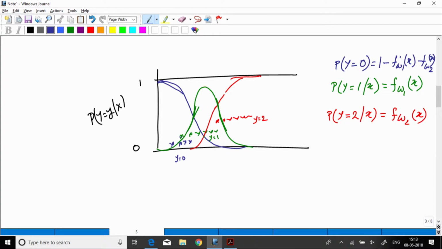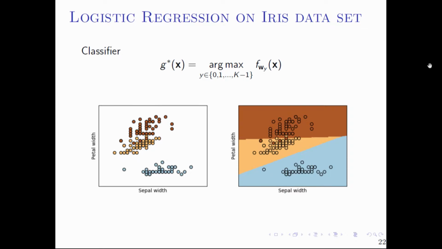Now if we have k classes, we will be learning k minus 1 linear functions such that we predict the class posterior probability for all k classes. To classify this multi-class data, we predict all the f_w and take the one with the maximum value as the class prediction.